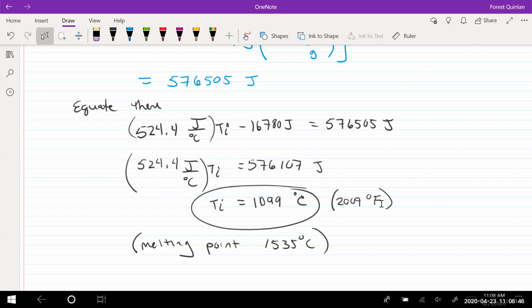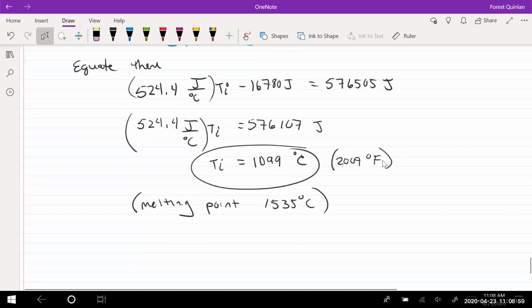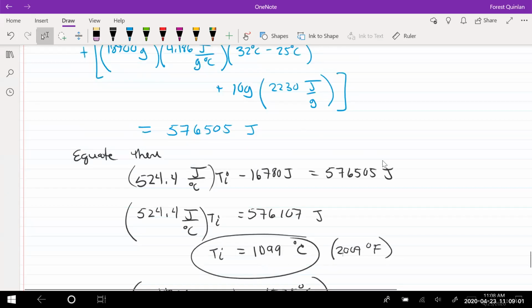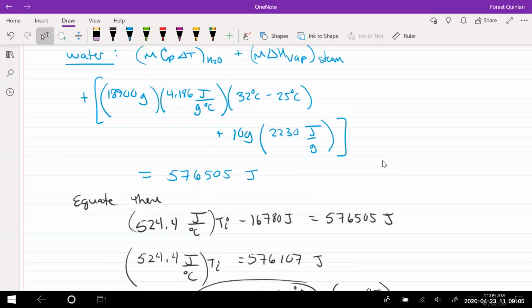So I don't want you guys to get caught up in the minutia of having exactly this number, because small rounding errors will occur as we keep track of the fact that we're doing calculations step by step and not leaving it as one gigantic solve for X and plug everything in, because it's just too hard to keep track of all that.